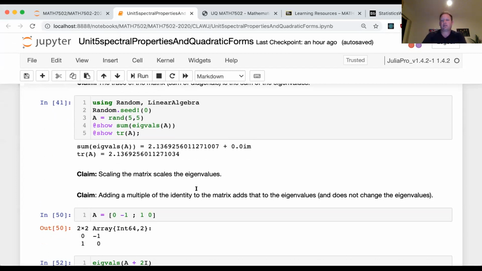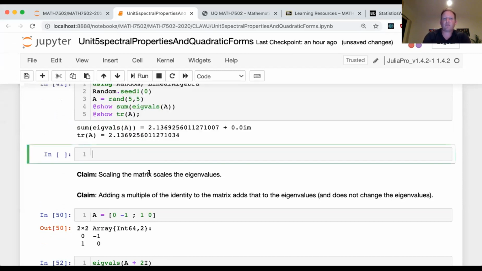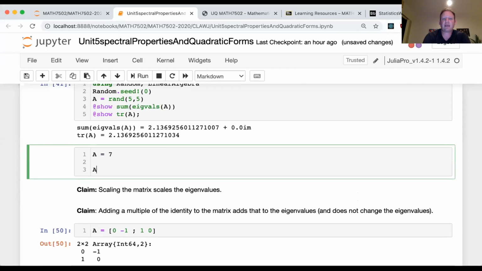Let's try a second. A equals 7. We've got another answer, 7, right? So we want A times x to be like lambda times x.